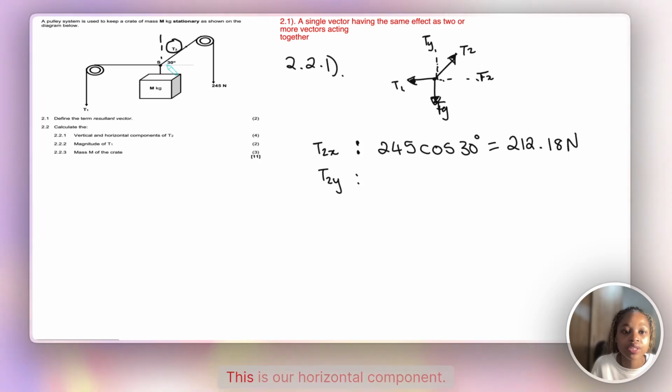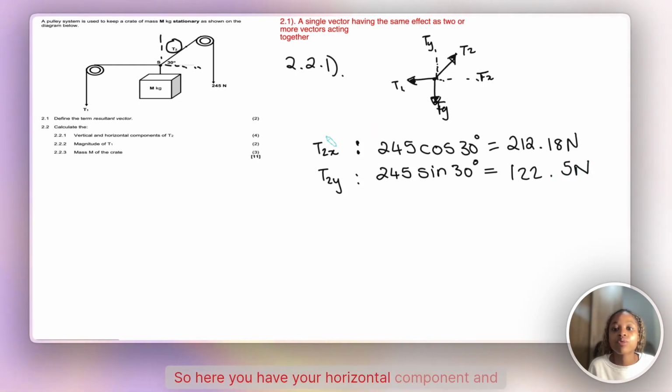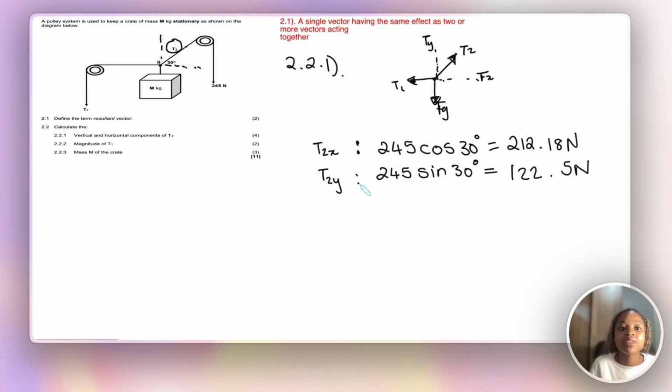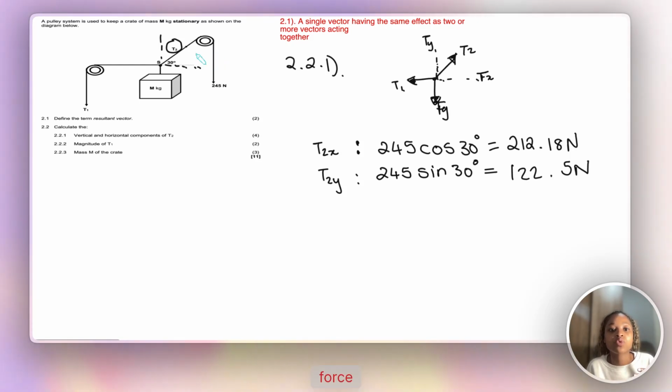This is our vertical, this is our horizontal component. So now we have 245, and for our vertical, we use sine 30 degrees. The answer here is 122.5 Newton. So here you have your horizontal component and your vertical component. Remember, the reason that you have a horizontal and a vertical is because this is at an angle, and when they're pulling, that tension force is experienced at an angle of 30 degrees to the horizontal.